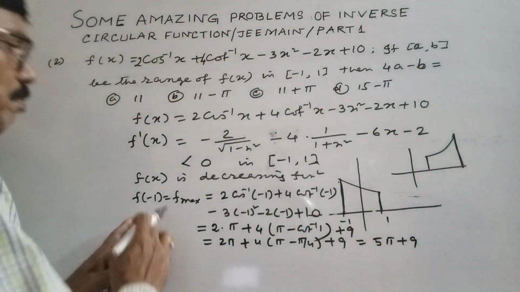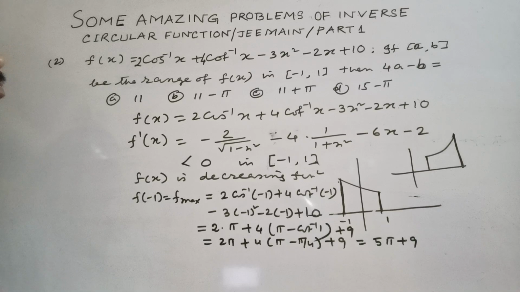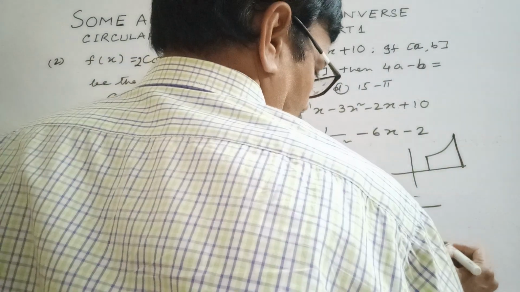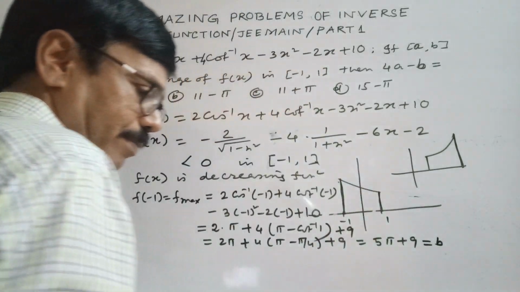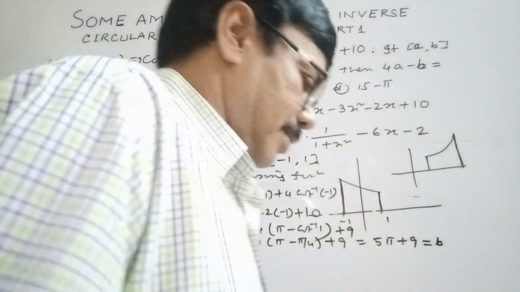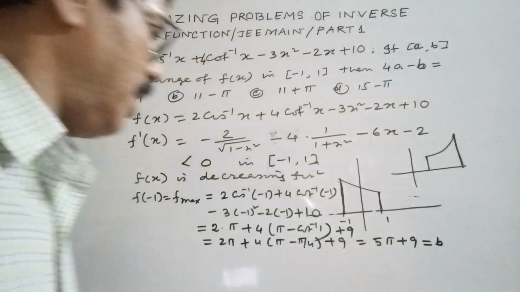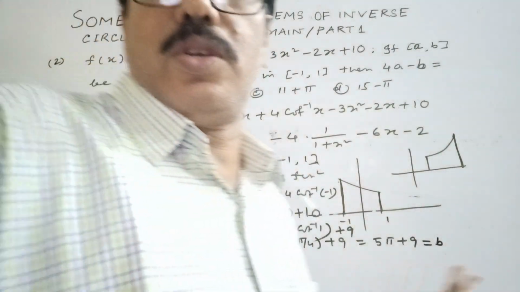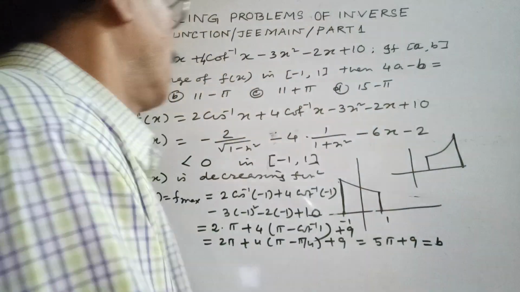So this is the maximum value, so this one is B. What is our B? B is 5 pi plus 9. This should be noted.